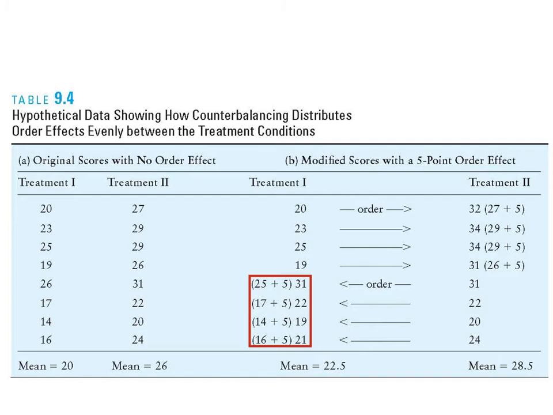If you look at the mean difference between the original scores, we've got a mean difference of 6. If you look at the mean difference between our scores with order effects balanced, we still have a mean difference of 6. So our difference is maintained. We've balanced those order effects equally among the two groups, so it's no longer contributing to any differences we might see between the groups. We're no longer allowing it to systematically vary with the independent variable.